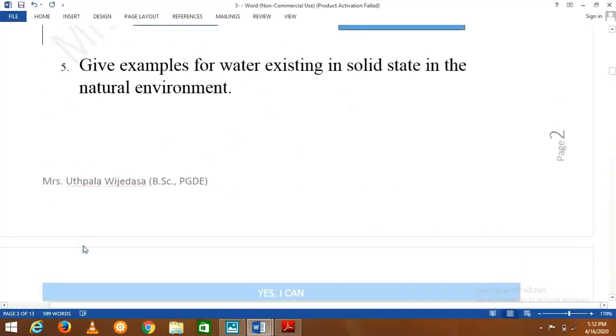Then the fifth question, give examples for water existing in solid state in natural environment. So again think of the term natural environment. There is ice and there is snow, glaciers as well as frost.